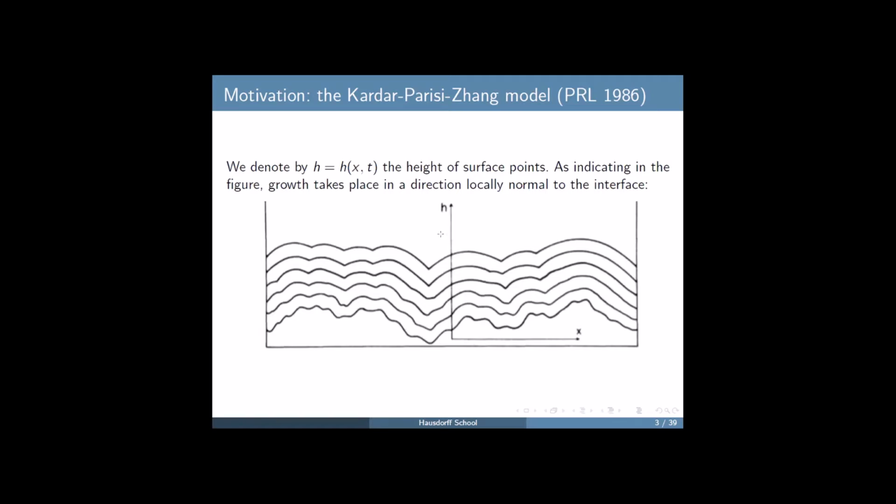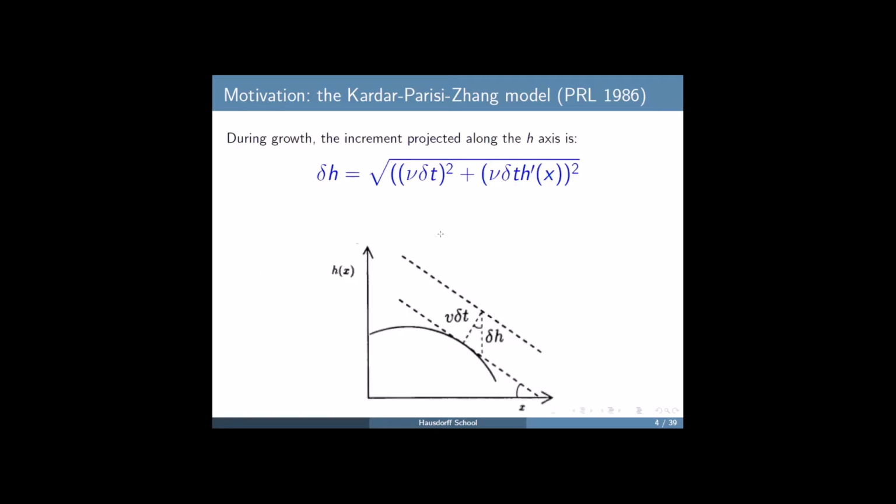If we project into h, what we have here is that the increment in the height of the point can be expressed as the square root of this quantity here. This is just the Pythagorean theorem. This nu is the speed of the growth of the surface in the normal direction.